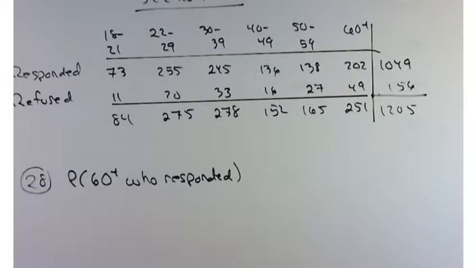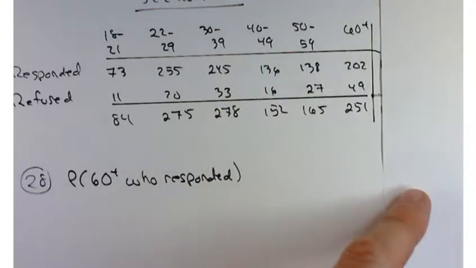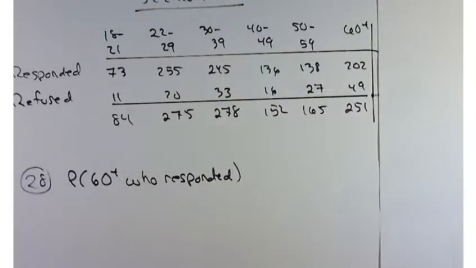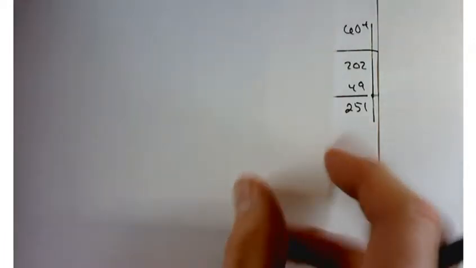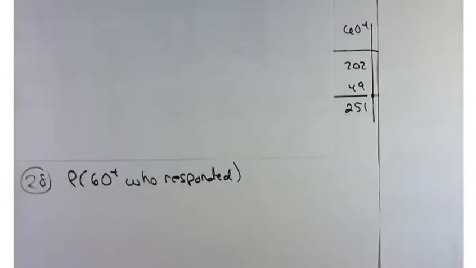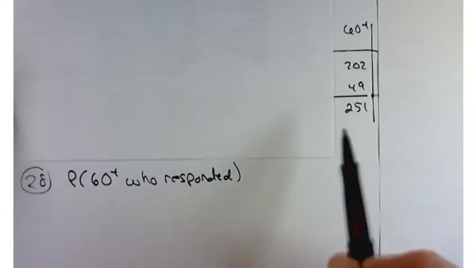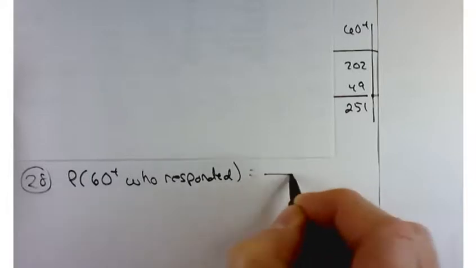We're talking about just a little piece of it. We're talking about the piece right here. So we can kind of block out everything else. What's the probability that they responded out of the 251 people that are in that group?